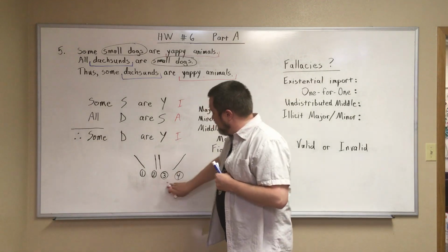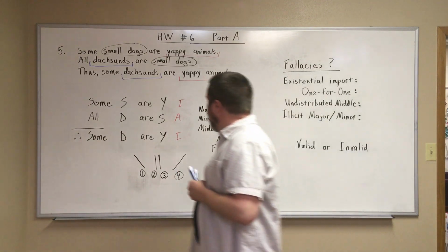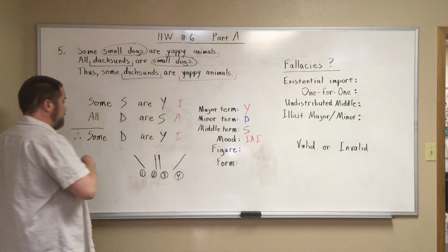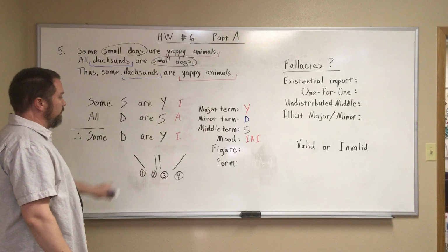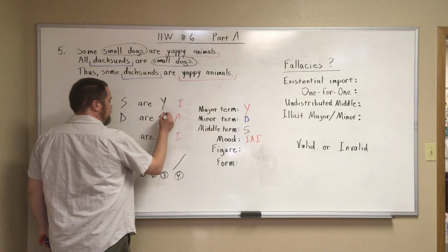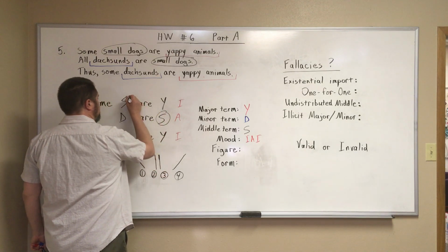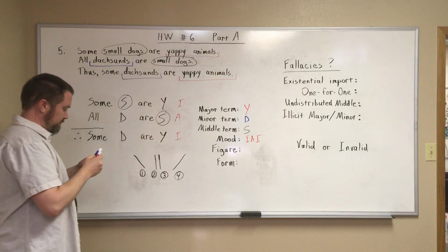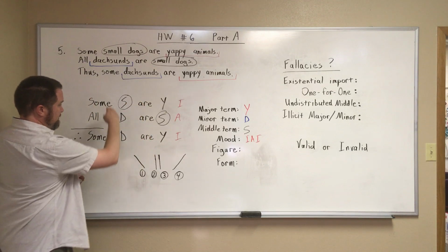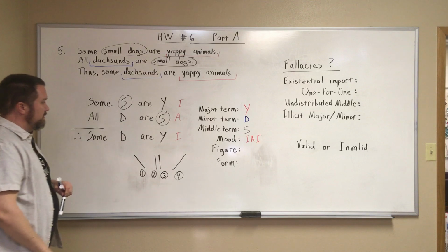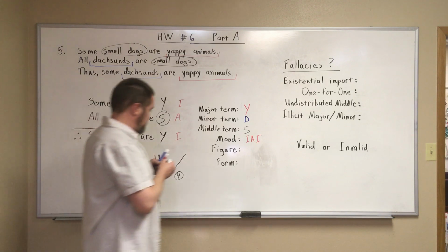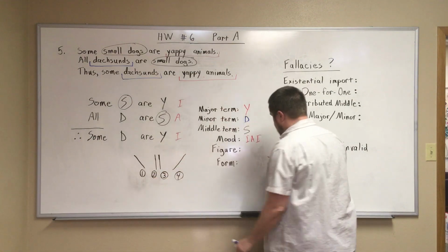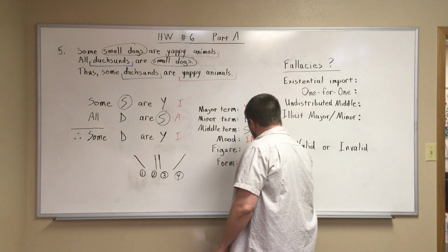Figure, let's look at this shape down here. Let's identify the middle term in the two statements, which is S, here and here. And again, that forms the backslash, and that coincides with figure number 1.